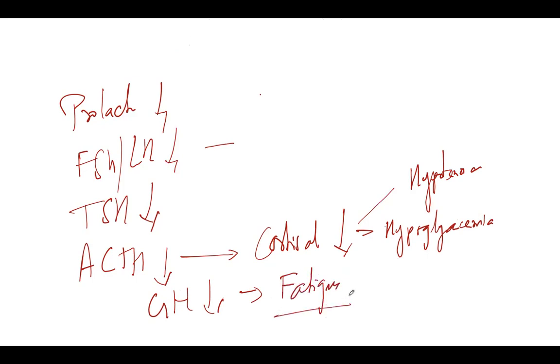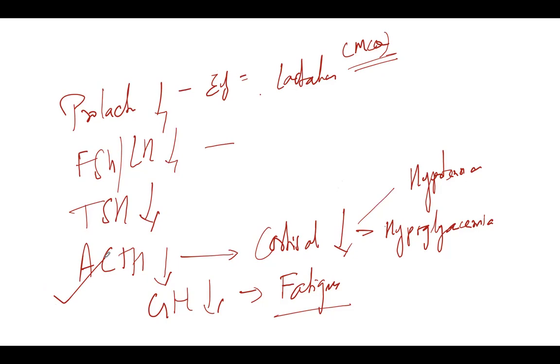So if they ask you the question, what is the early clinical feature? The early clinical feature will be lactation failure. This is one of the important questions they can ask in your entrance examination. And if they ask what is the most common feature which is life threatening, then your answer will be the decrease of the ACTH hormone, that is decrease of the cortisol hormone, which causes the features of hypotension and hypoglycemia.